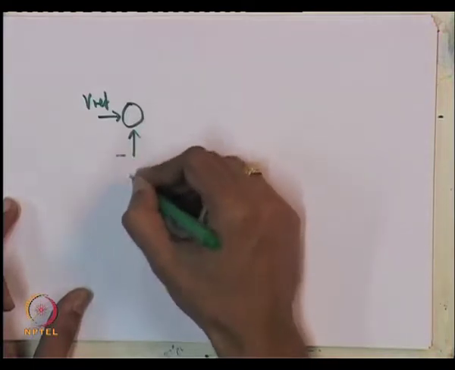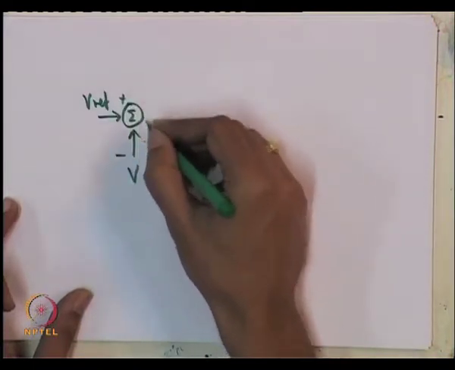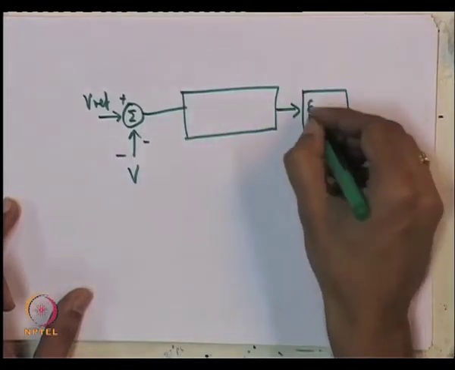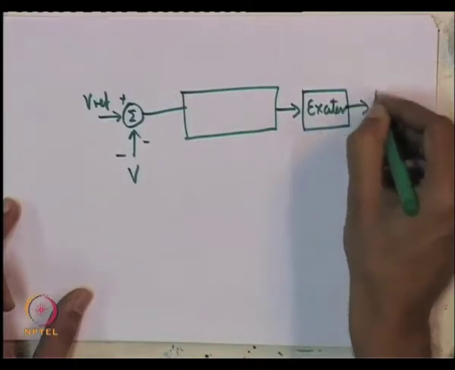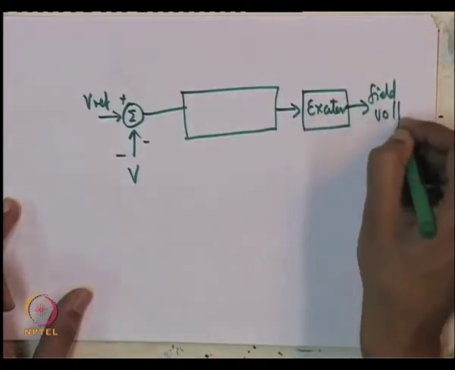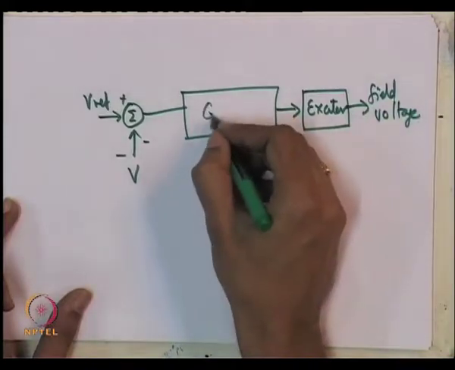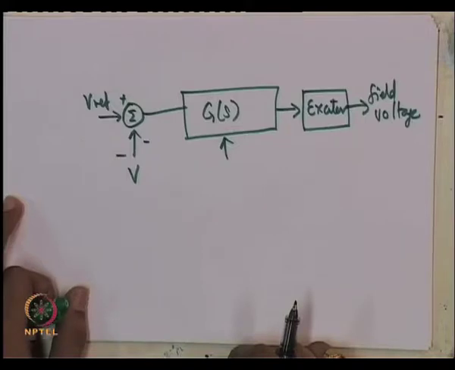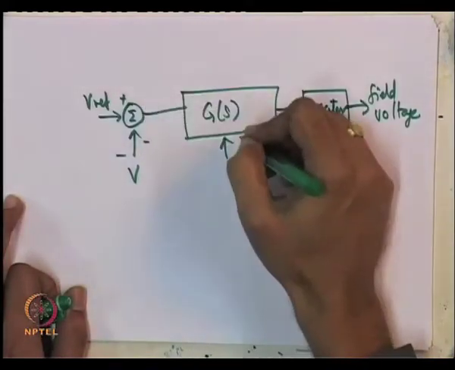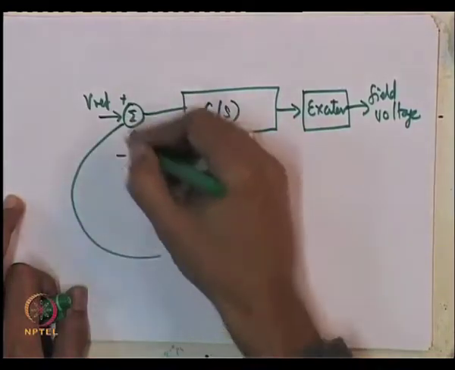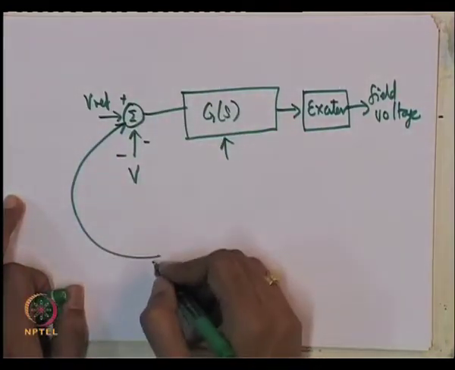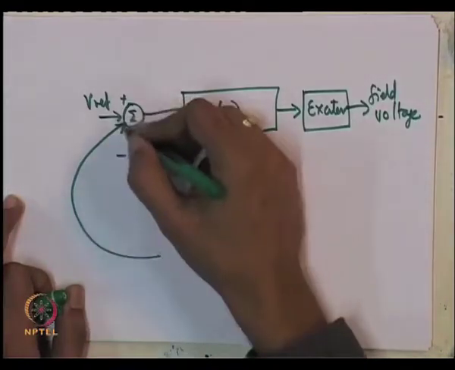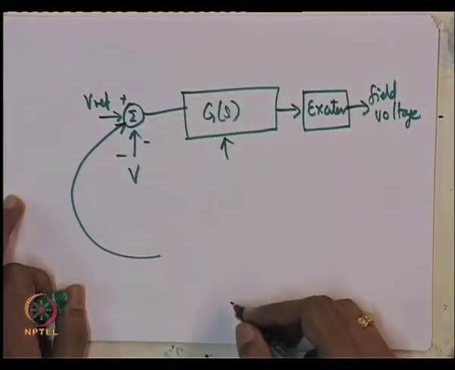For example, if you have got an AVR, it is the exciter with the field voltage. One possibility of course would be trying to augment this control system out here. The other possibility is, instead of doing that, you have a damping controller which modulates the voltage reference of an AVR.